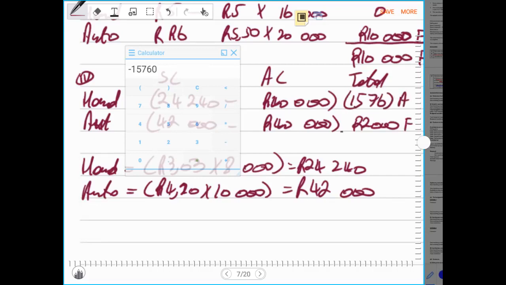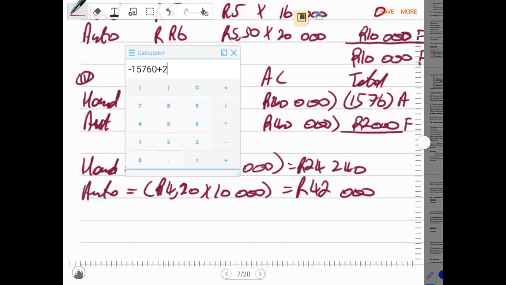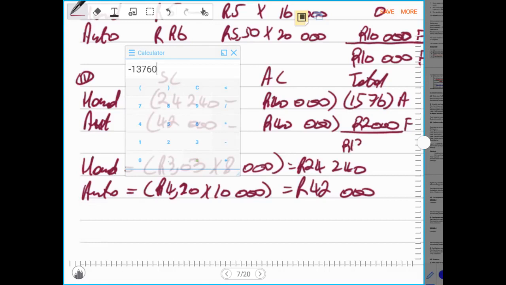This is favorable, and the total will be unfavorable. Plus 2,000, then I get 13,760. That will be an unfavorable variance.